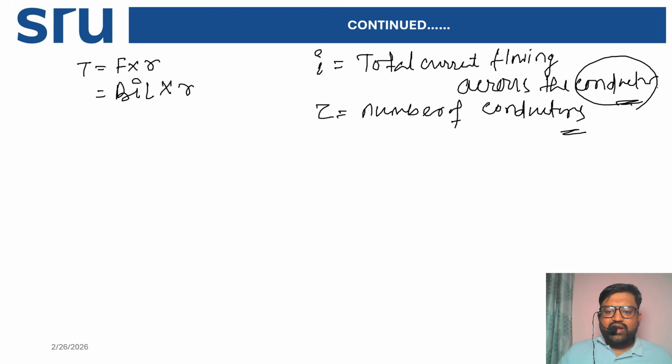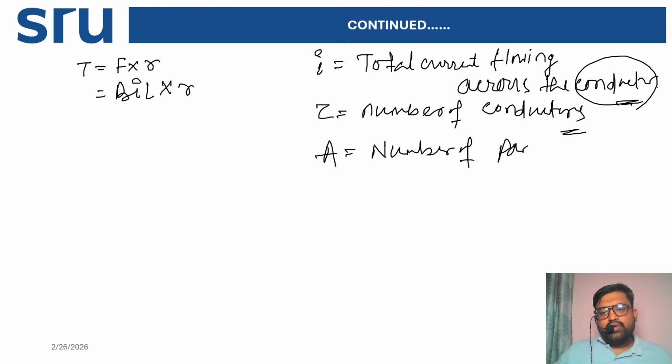And how are the conductors connected across the motor or generator? We already told that it is connected in parallel. That's why A equals the number of parallel paths, right?